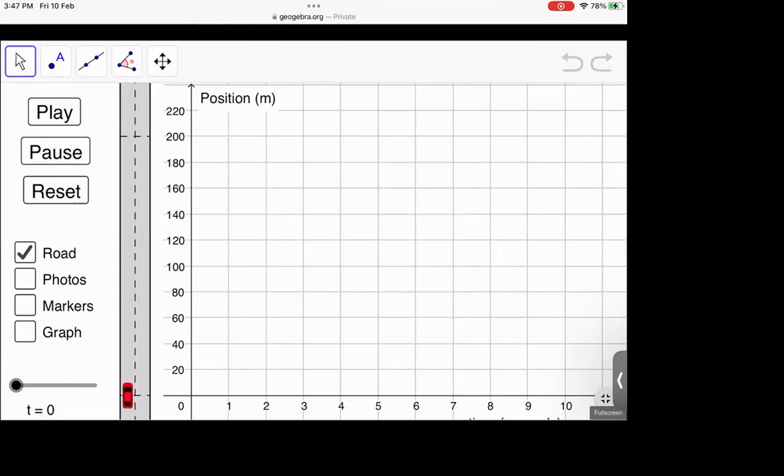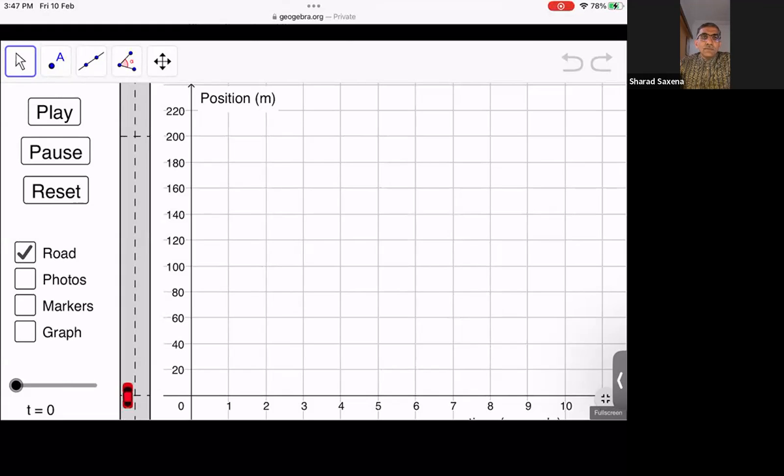Now I'm telling the class that I have a drone camera on the road, and every second it will take a picture of the road. Every second when it takes a picture, it will paste it over there in that particular second column. So at column 1, it will paste the picture taken on the first second, and so on and so forth up to 10 seconds.